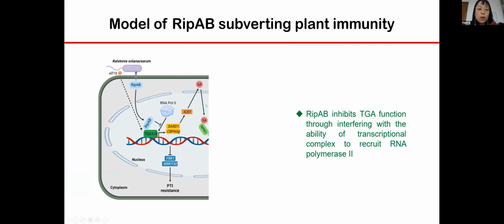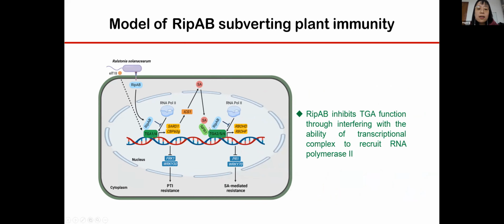On the one hand, RipAB could interact with transcription factors TGA1 and TGA4 to suppress the PAMP-triggered immunity and the salicylic acid biosynthesis gene expression. On the other hand, RipAB also interacts with TGA256, causing the compromised SA-mediated resistance.